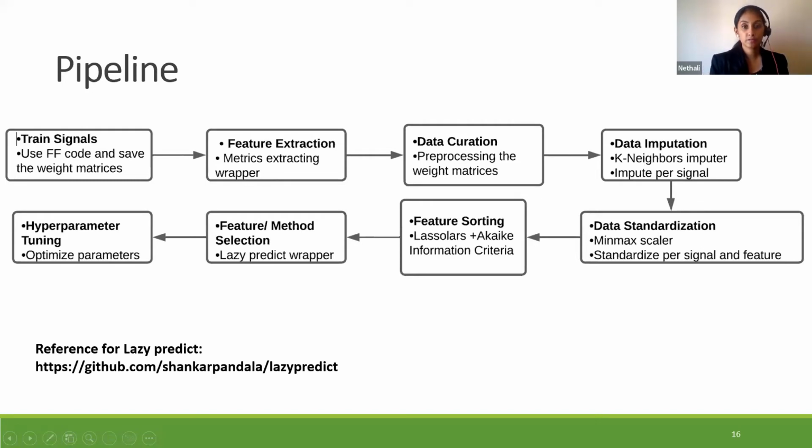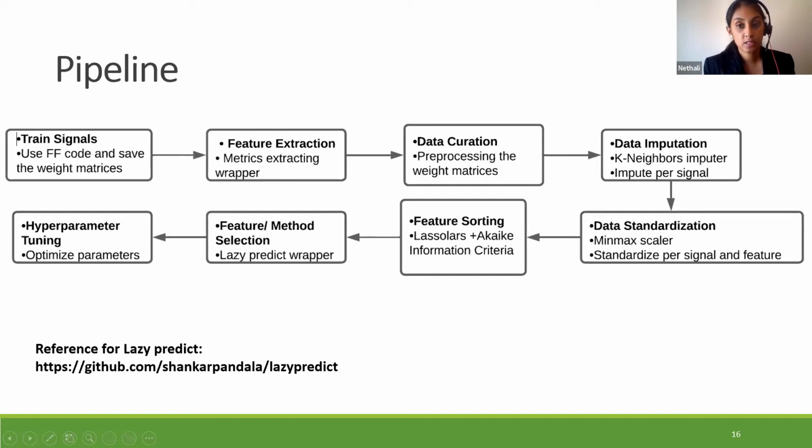And what we have agreed to use is the K-neighbors imputer. This is again coming from sklearn, and we impute per signal. So when I want to fill in the blanks of a particular signal, I only look at that signal's behavior, not behavior throughout all of the signals and its versions.